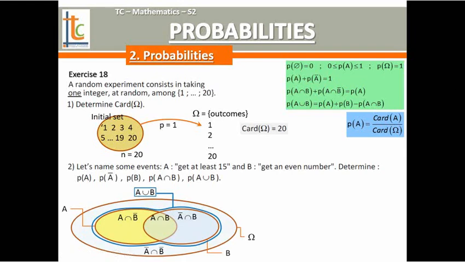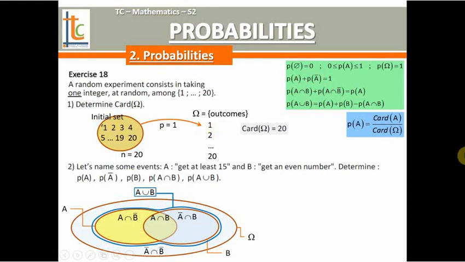Plus, let's make a detailed scheme of omega with inside the set A, the set B, and their intersections. And let's place the 20 elements of the initial set, or omega.